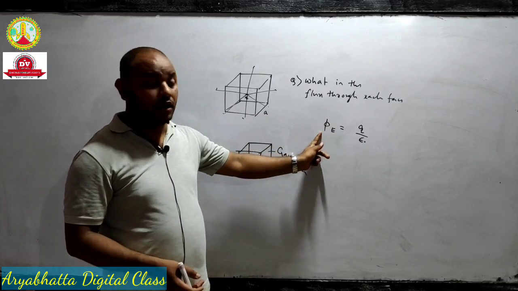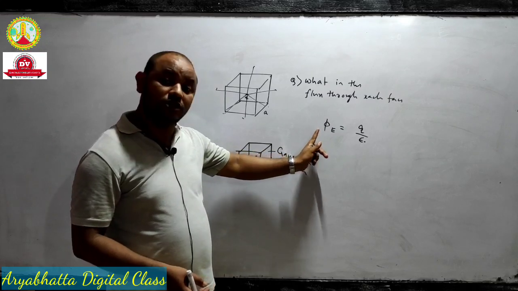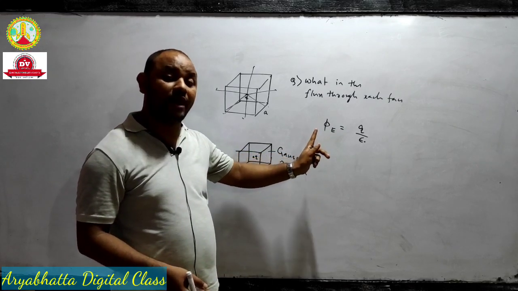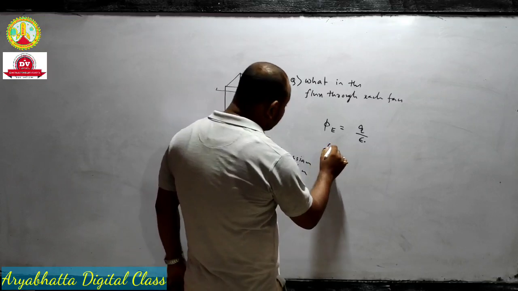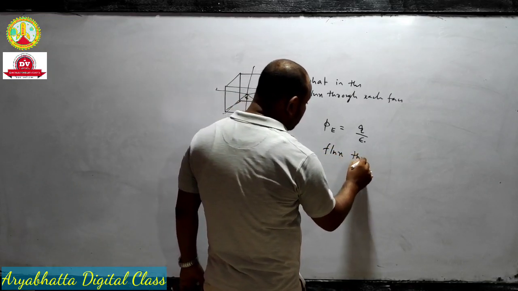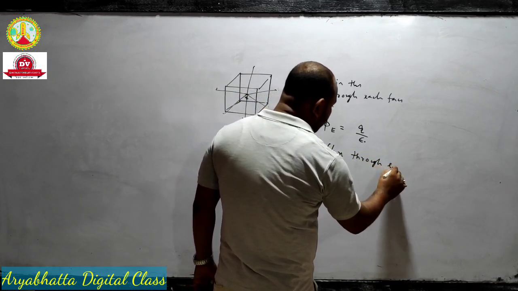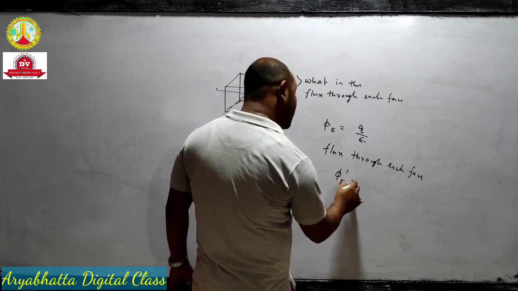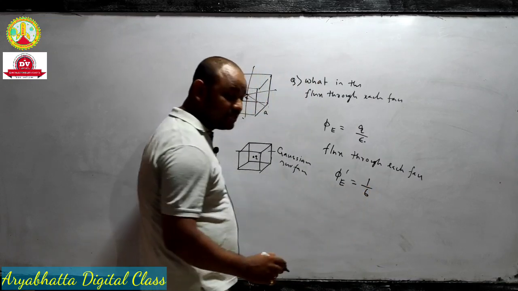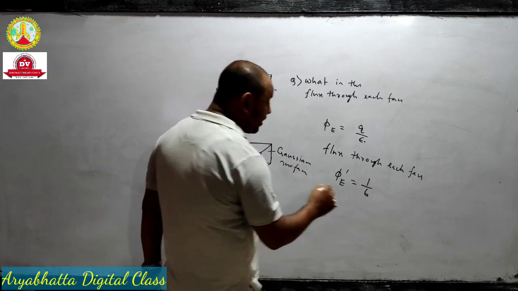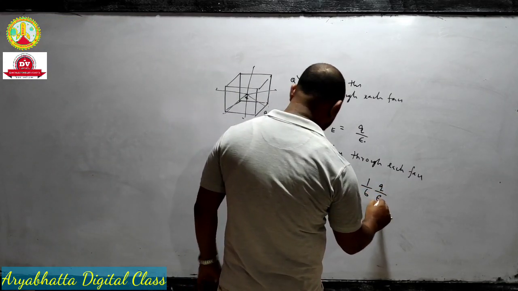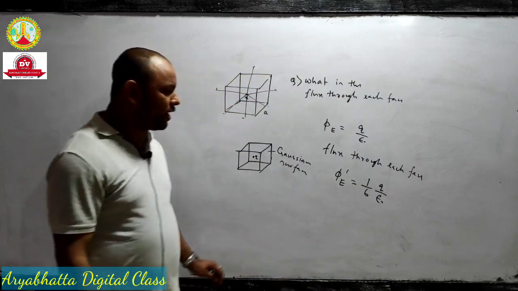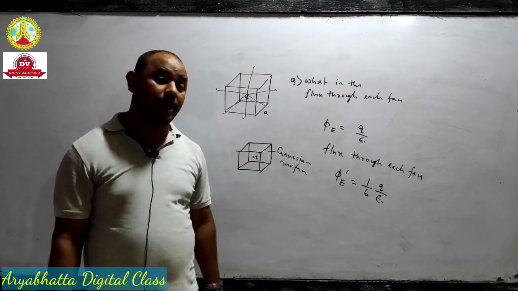What we need is the flux through each face. What is the value of flux through each face? The flux through each face, phi dash, will be, since there are 6 faces, 1 by 6 Q by epsilon naught.